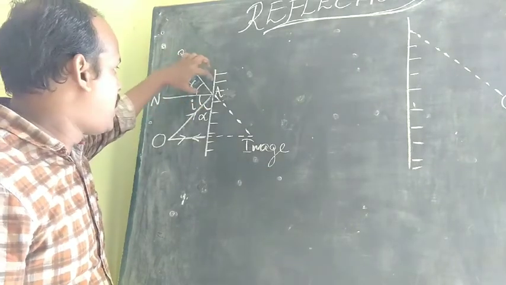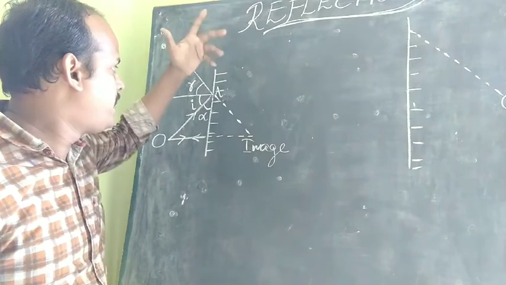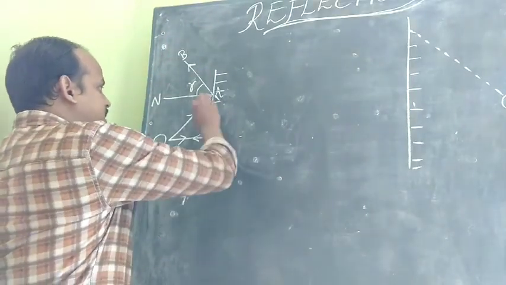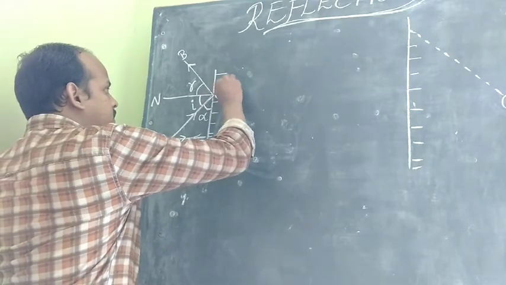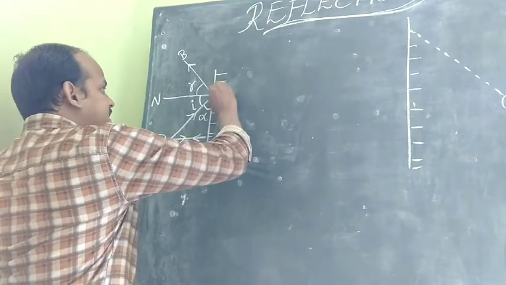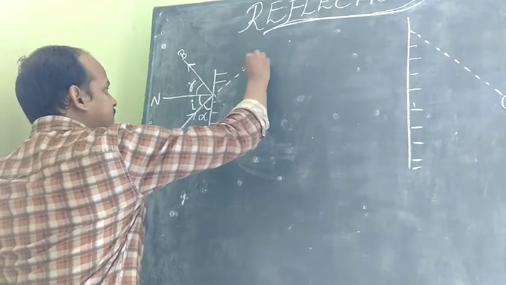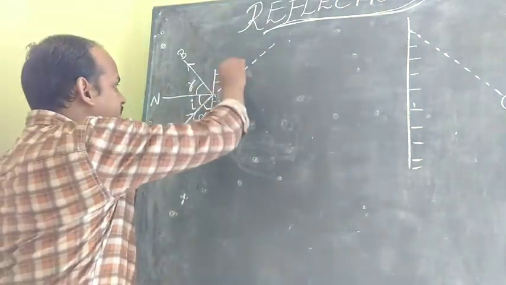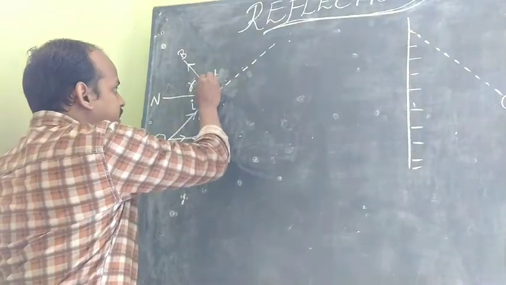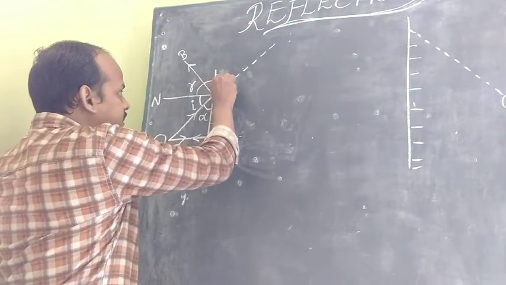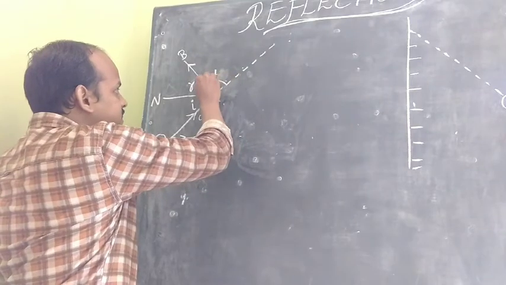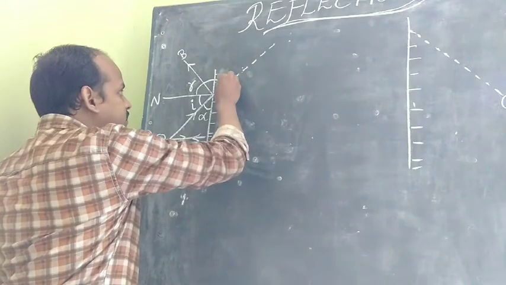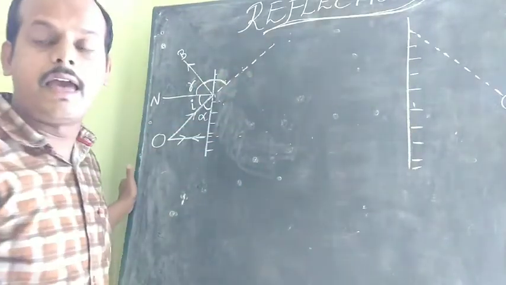Next one is the angle of deviation. So what do you mean by angle of deviation? Observe here. This is actually the incident ray. If I extend this incident light ray backwards like this, and now it is the reflected light ray, the angle made by the extended incident light ray with the reflected light ray is called the angle of deviation.